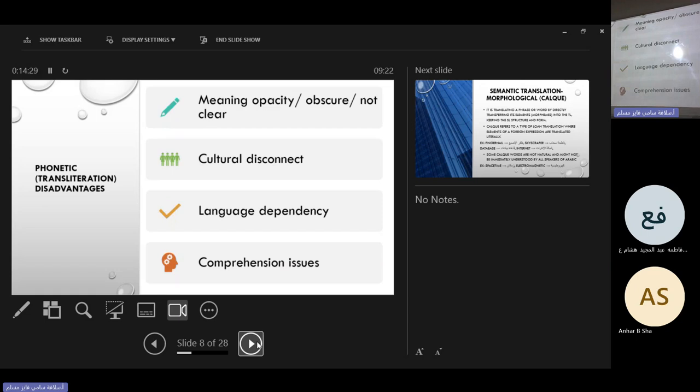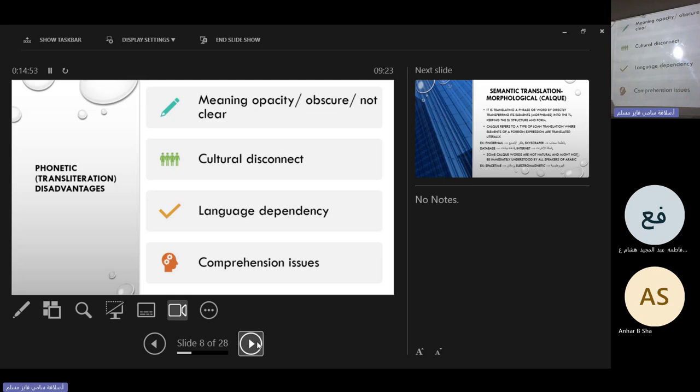Meaning opacity, meaning it's not very clear. When we transliterate a word that is originally from the English language into the Arabic language, it's not clear what it actually means because we're only transliterating it.